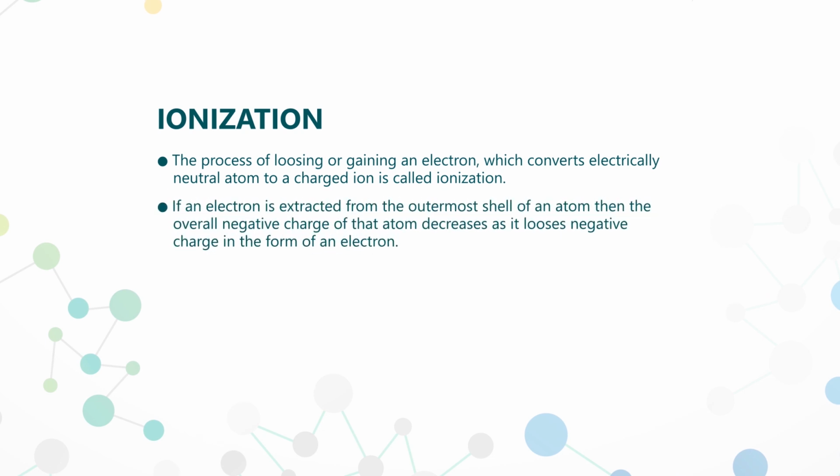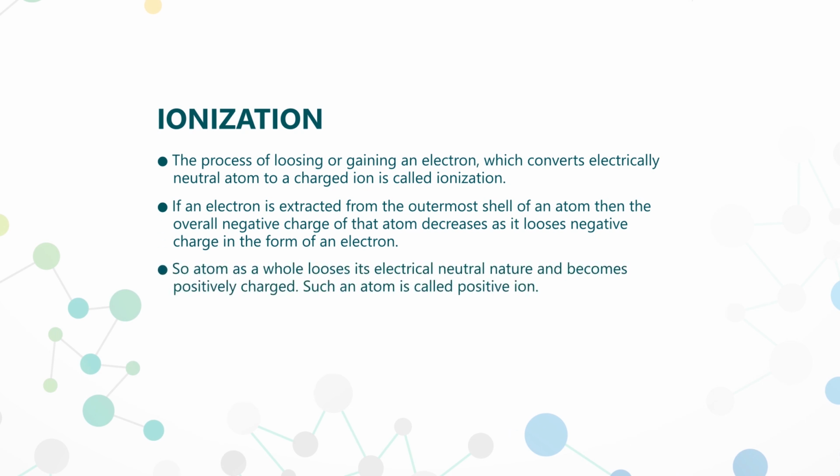If an electron is extracted from the outermost shell of an atom, then the overall negative charge of the atom decreases, as it loses negative charge in the form of an electron.